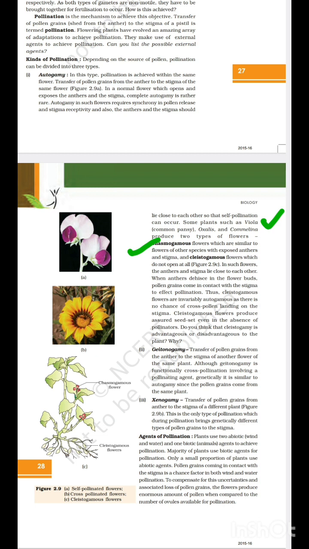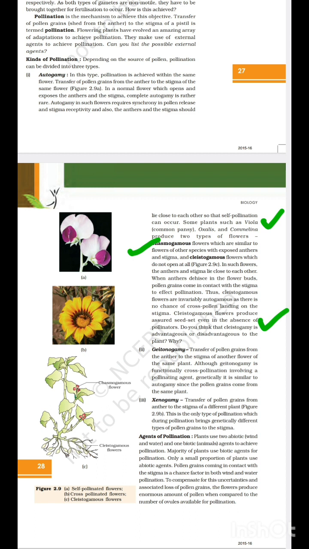In such flowers, the anther and stigma lie close to each other. When the anther dehisces in the flower bud, pollen grains come in contact with the stigma to effect pollination. Thus, cleistogamous flowers are invariably autogamous, as there is no chance of cross pollen landing on the stigma. Cleistogamous flowers produce assured seed set even in the absence of pollinators.